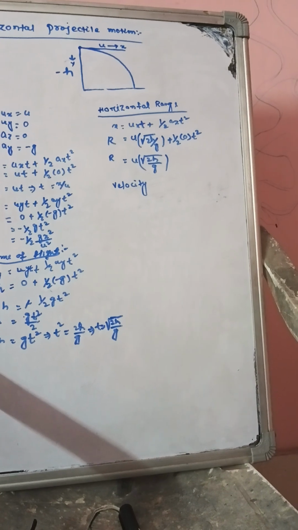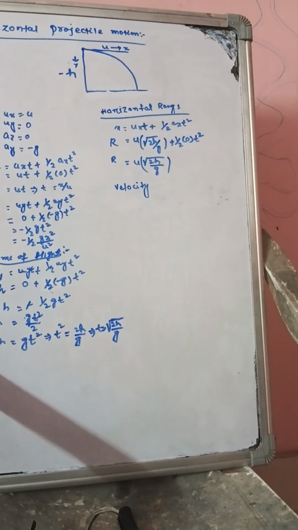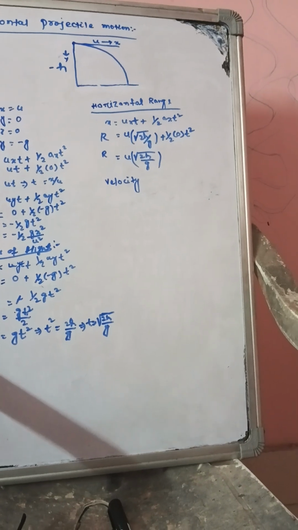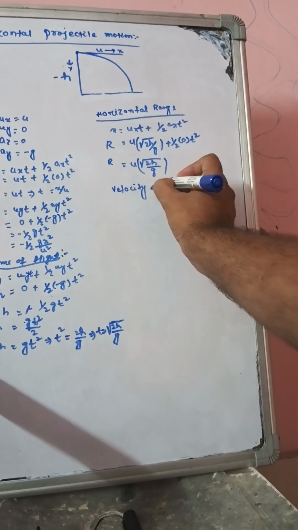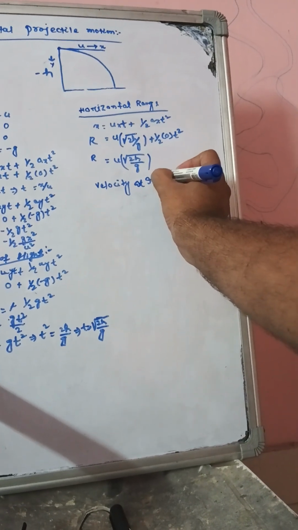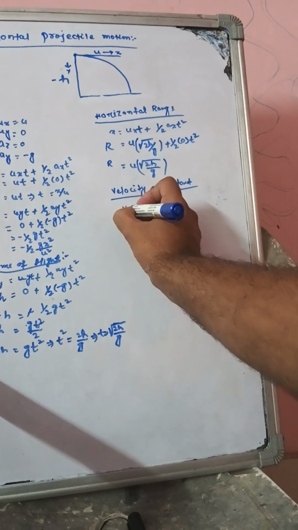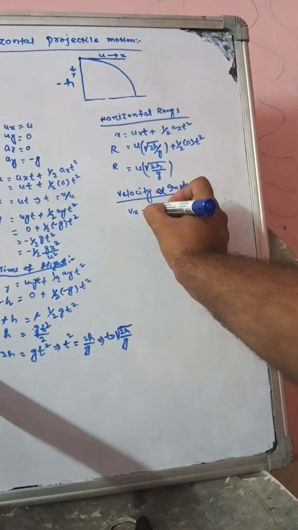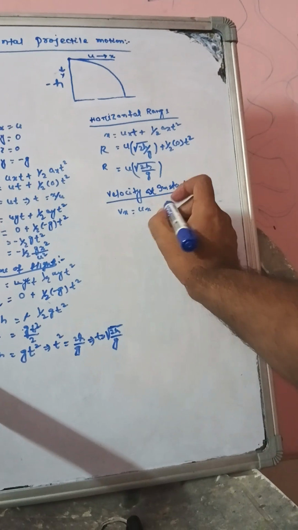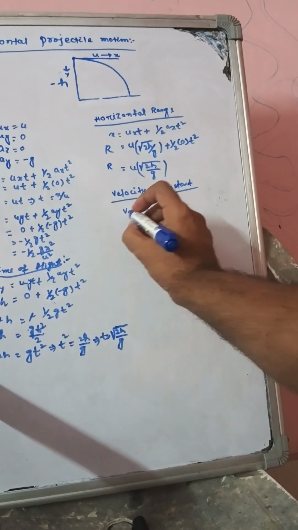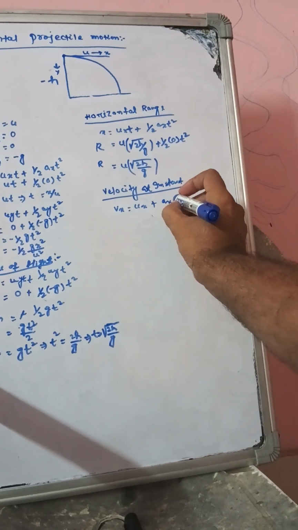We discussed projectile motion earlier, you can see that video, and today we discuss horizontal projectile motion. Velocity at any instant: vx is equal to ux plus axt.